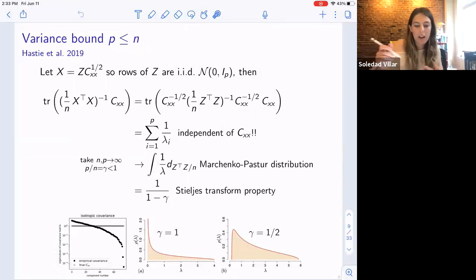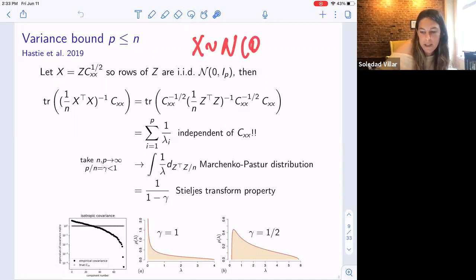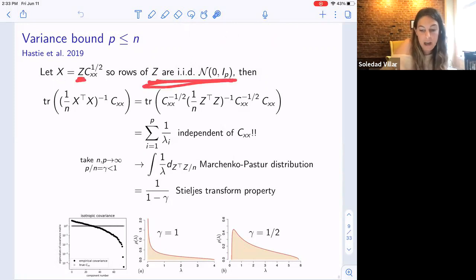This is a cool trick you can do. If your data X is Gaussian with zero mean and covariance C_XX, you can write X as Z times C_XX to the 1/2, where Z is a standard Gaussian.